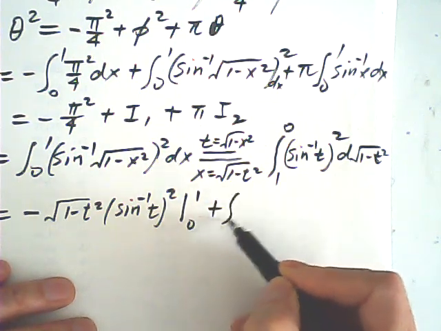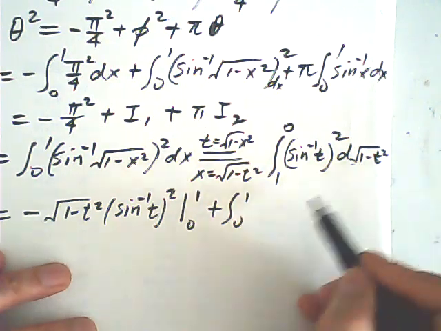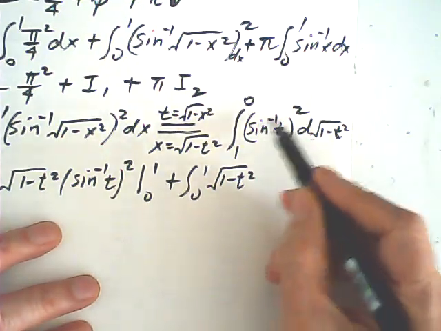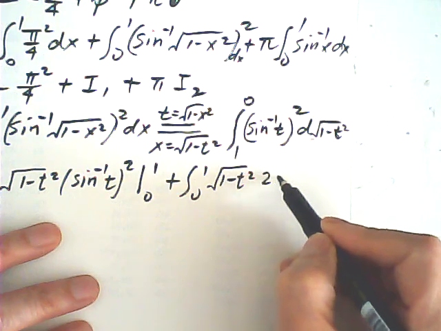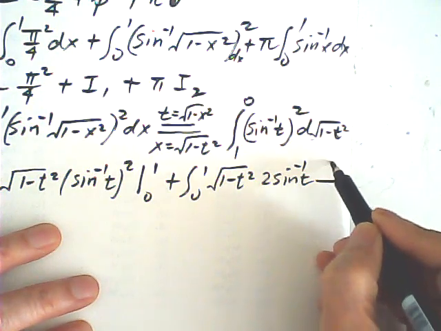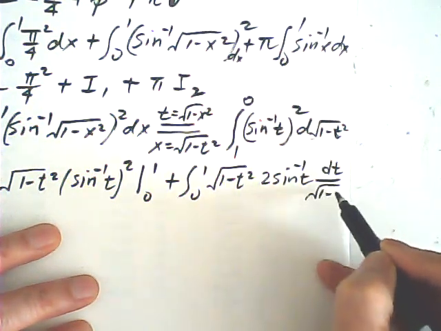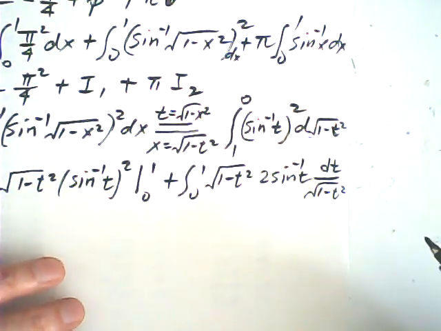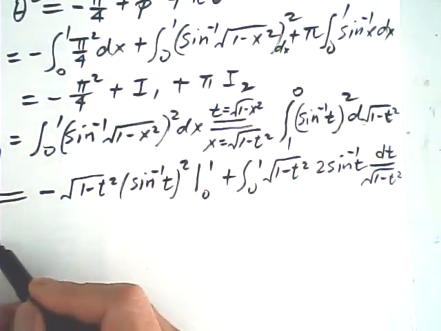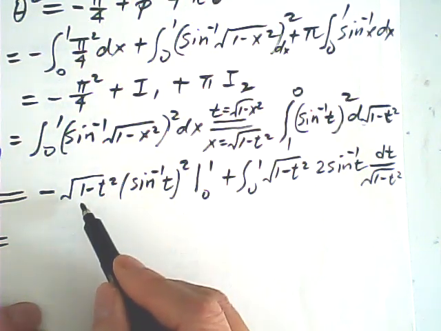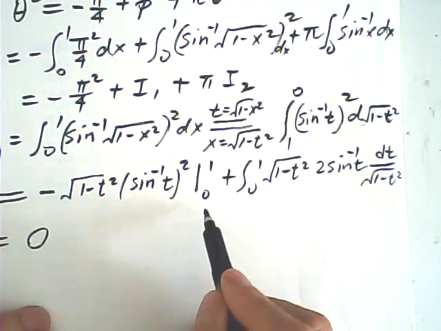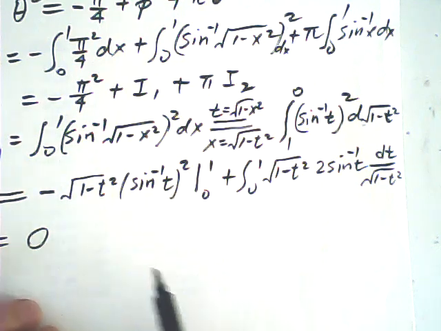Minus becomes plus, 0 to 1, and this derivative would be 2 arcsine t and dt over square root of 1 minus t squared. So that's VdU. This is 0, this is 0, the whole term is 0, right?